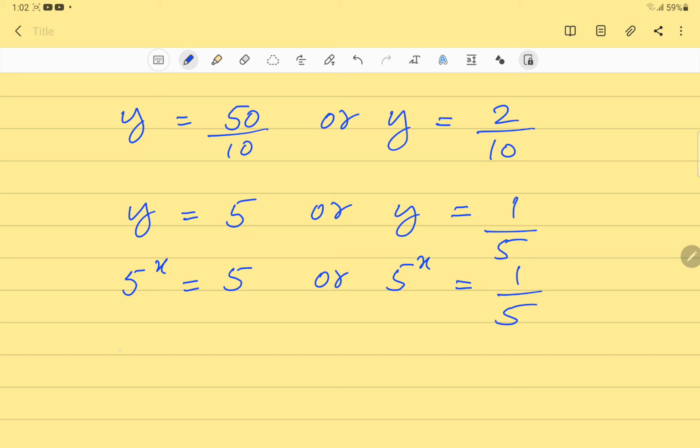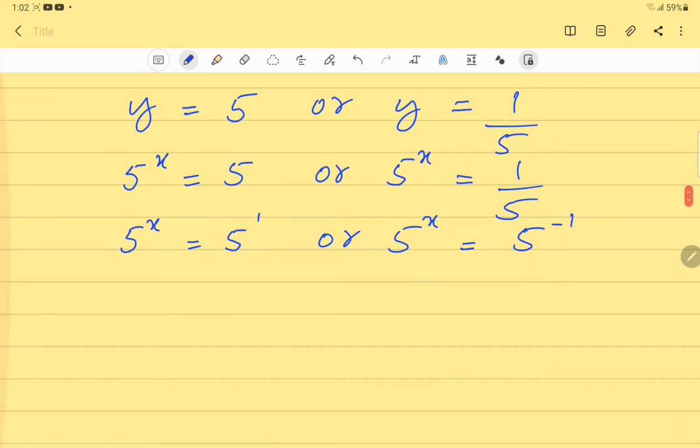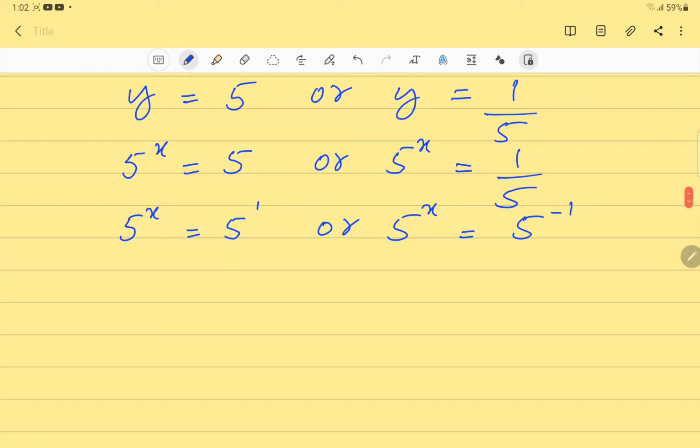These two equations can be written as 5 raised to power x is equal to 5 raised to power 1, or 5 raised to power x is equal to 5 raised to power minus 1. Since the bases in both the equations on left and right side are equal, their powers will also be equal, which means x is equal to 1 in the first case, and x is equal to minus 1 in the second case.